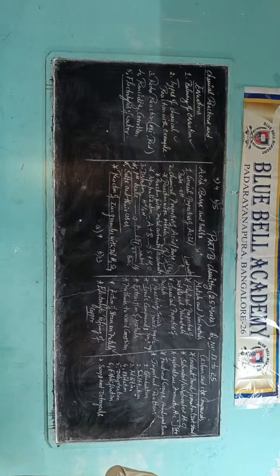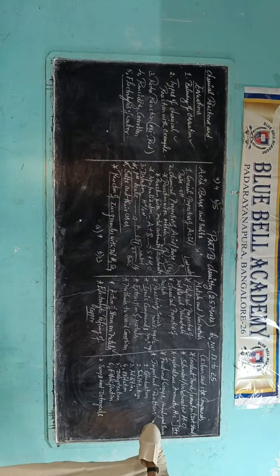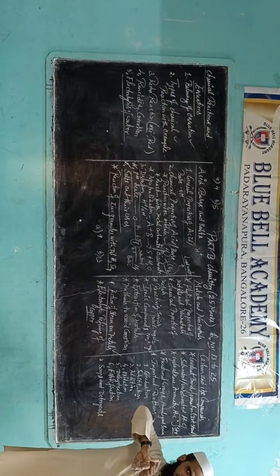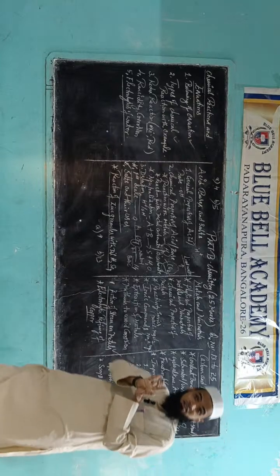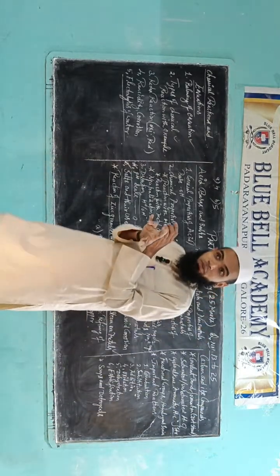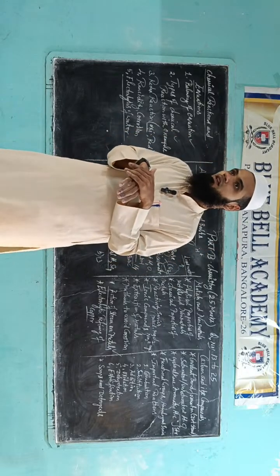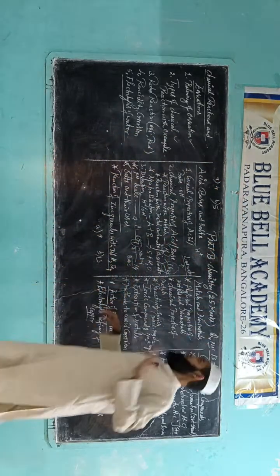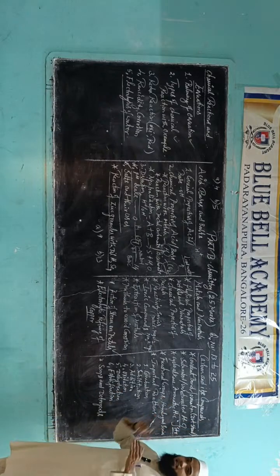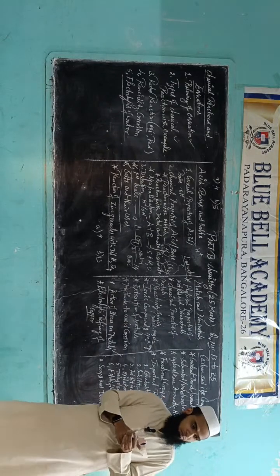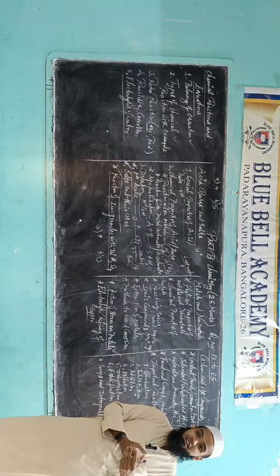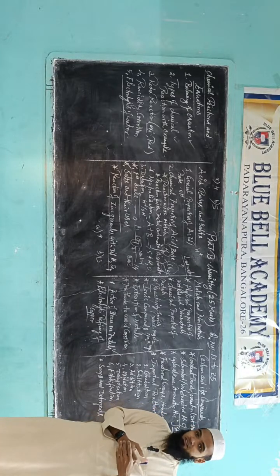Then in cycloalkanes, you have four structures: cyclopropane triangle, cyclobutane rectangle, cyclopentane pentagon, cyclohexane hexagon. Then only one structure you have to learn for aromatic hydrocarbons, and it has been repeated two times in your preparatory: benzene structure, C6H6.